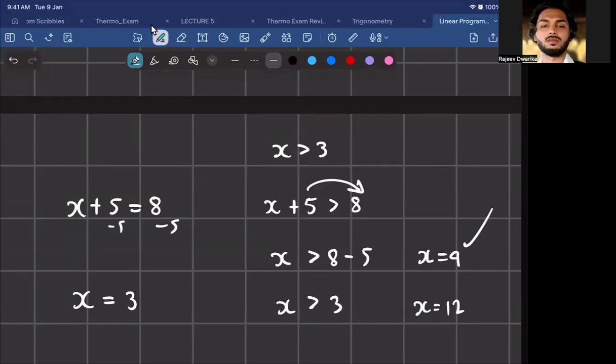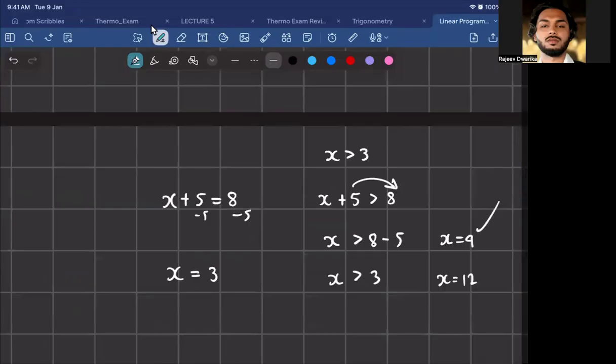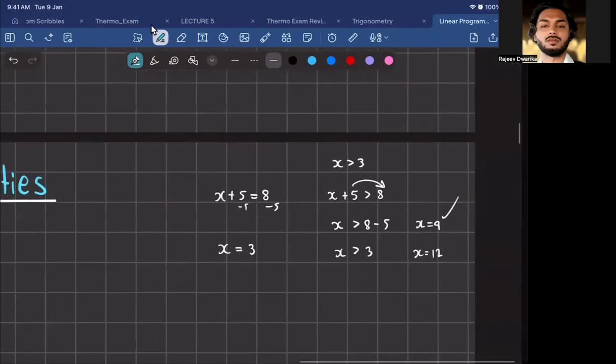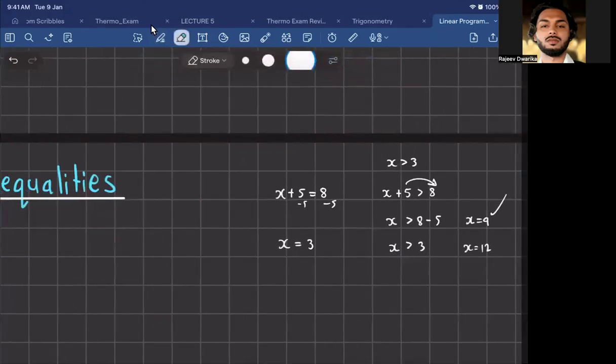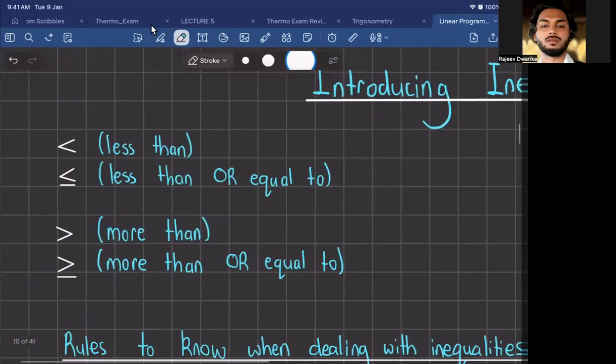So guys, for the most part, an inequality is very, very similar to an equation in the way you solve it. But an equation has one solution, a linear one, and inequalities have an infinite amount of solutions. So that was a little introduction into inequalities. These are the things you need to be acquainted with.